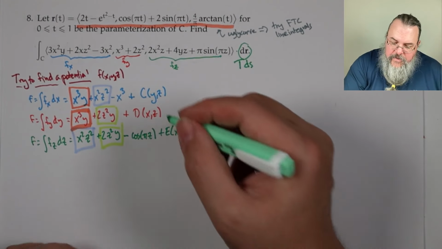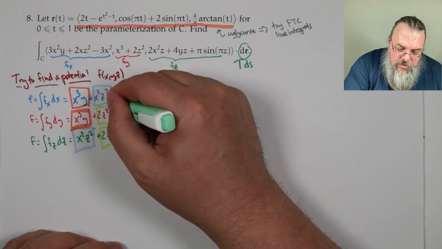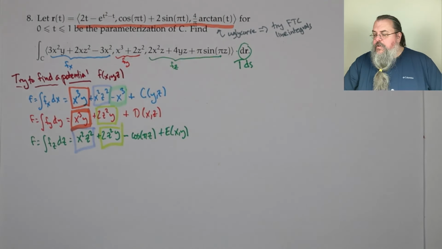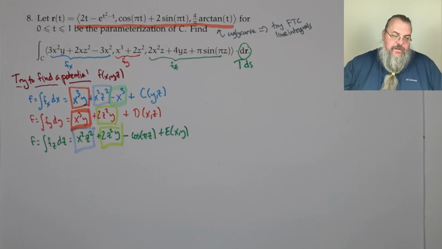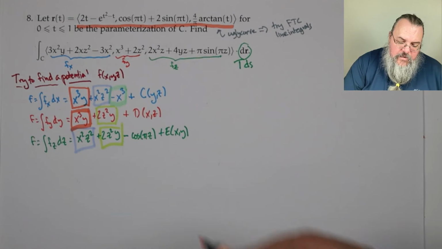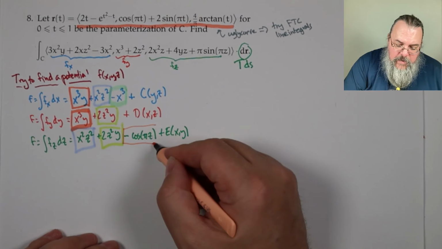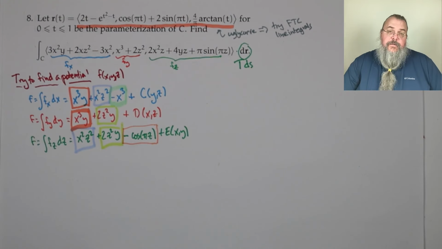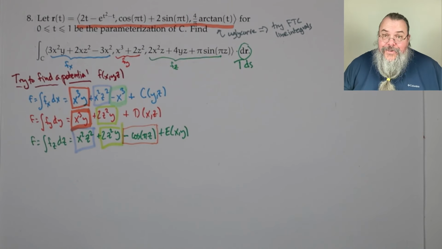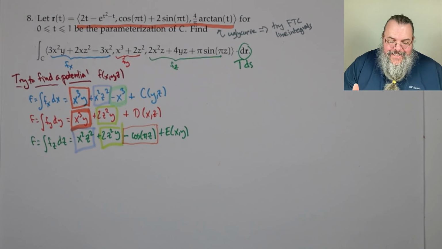And then you have the other pieces. You have the minus x cubed. That only has to be in the part with the x, so there's really not much you have to check for consistency. And this minus cosine pi z just has to be in the part with the z. Okay, so the consistency check was passed. How do we get our function then?